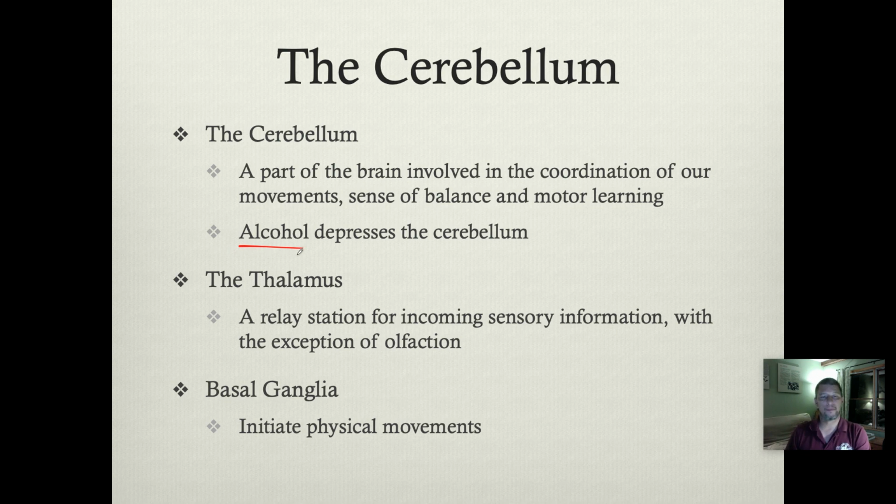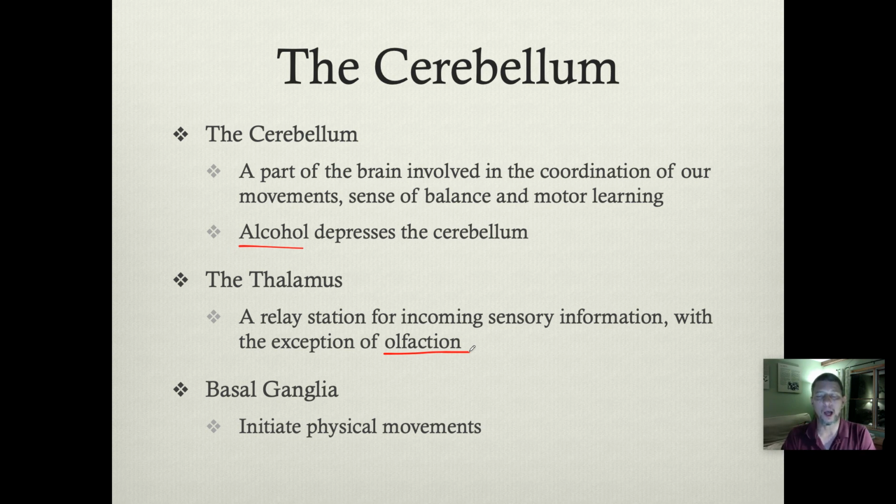Just above the cerebellum is the thalamus, and this is a relay station for incoming sensory information, except for the sense of olfaction, and this is just a fancy word for smell.